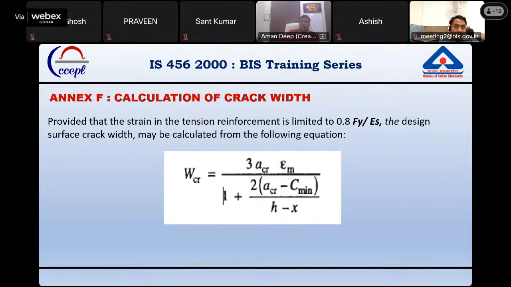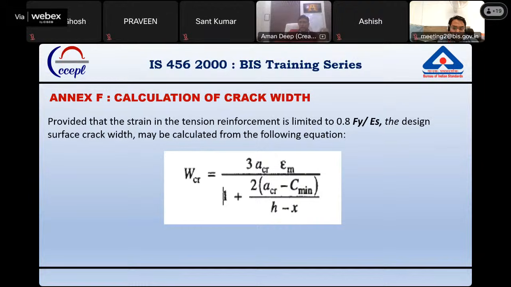So the limit state of design also recommends that for normal designs we can have a maximum crack width of 0.3 millimeter. For buildings in adverse environment, where durability is an issue, we should use 0.2 millimeter crack width.